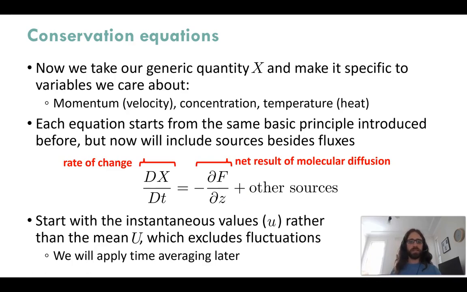Another difference is that now we are going to consider instantaneous values that can vary across time rather than starting from the time averaged quantity like uppercase U or capital X and capital F, because these mean quantities exclude fluctuations, which based on the previous video, we know to be important to the mixing process. Later on, we're going to apply time averaging again in order to reveal the role of those fluctuations in mixing.